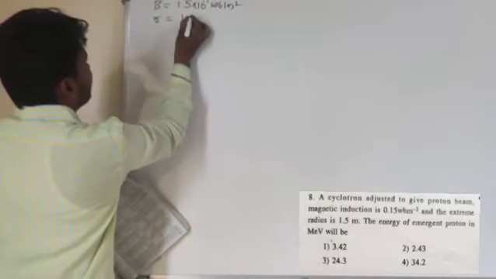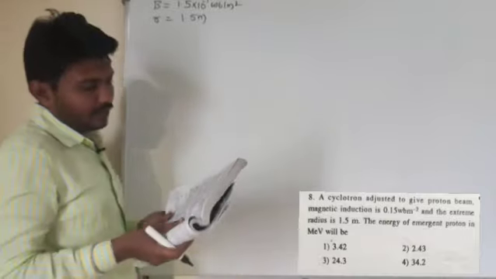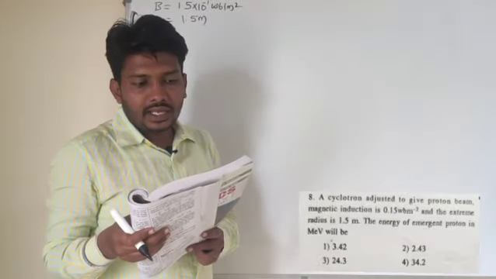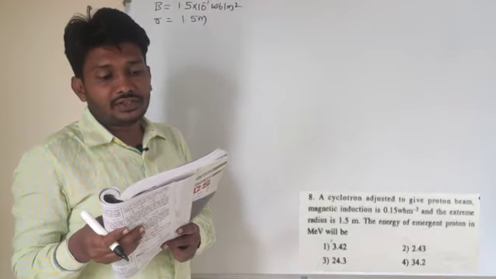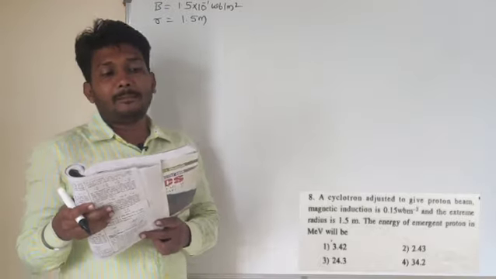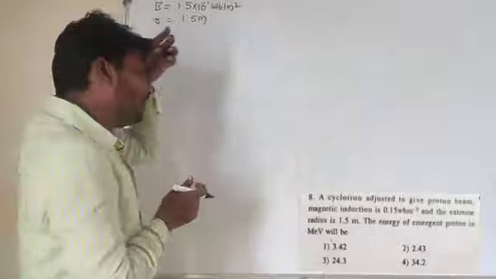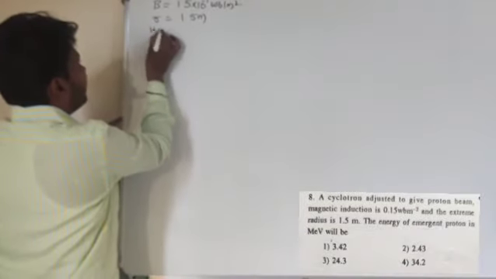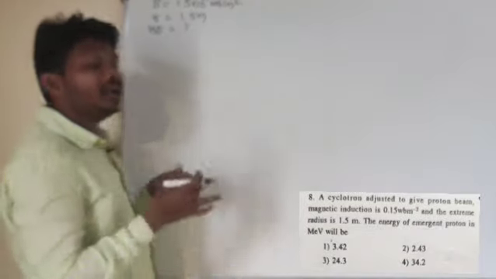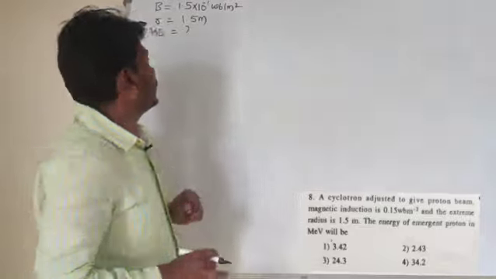The radius of that circular path is 1.5 meter. The energy of the emergent proton in mega electron volt will be. I want to find out that energy. That energy is nothing but the kinetic energy of the proton in mega electron volt here.